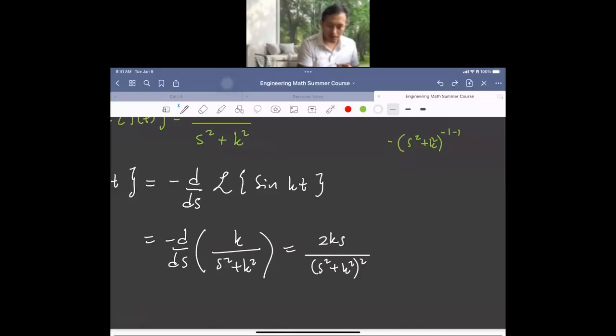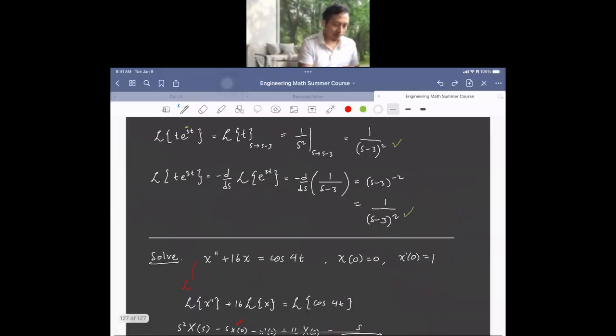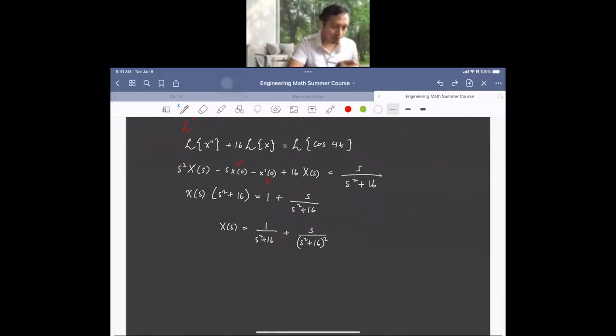Remember we have this similar structure, right? So we can use that also. Then we can write down that the inverse of 2ks over s squared plus k squared, squared, will be t sine kt.